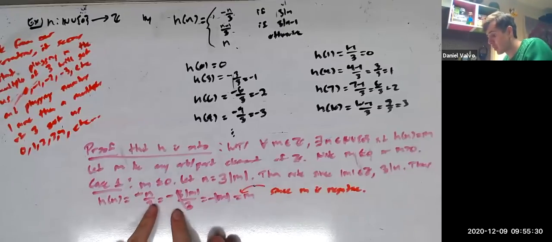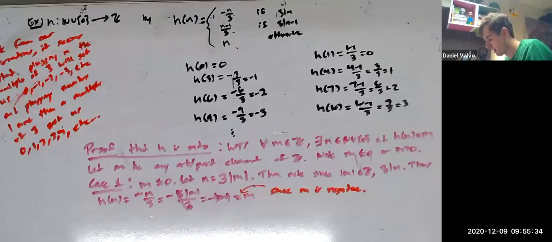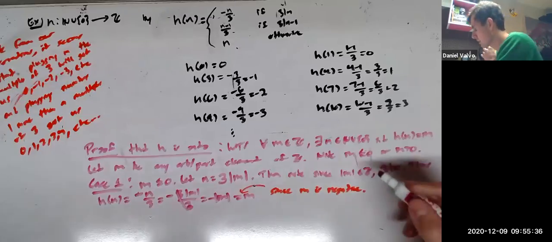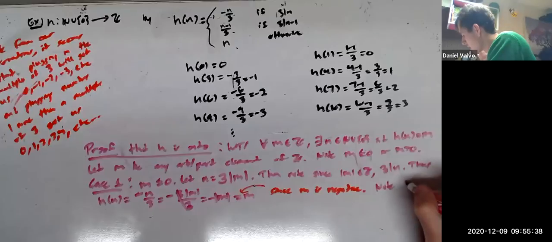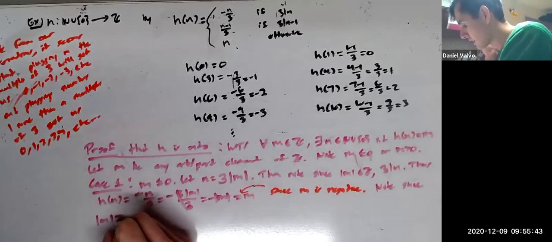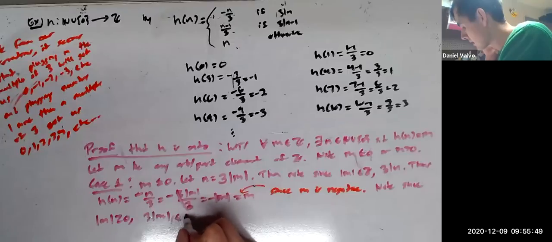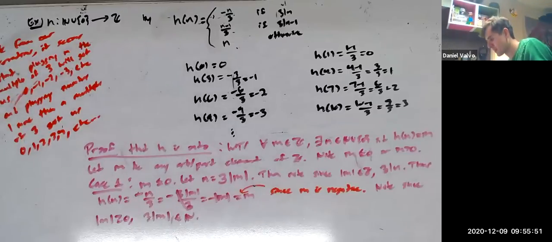So this means that for m less than or equal to 0, we could find an n. Oh, and we should note one last thing. Note, since the absolute value of anything is greater than or equal to 0, 3 times the absolute value of m is in the natural numbers.